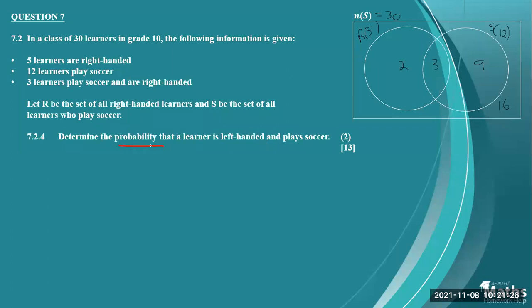So now it's probability, but now the question is not the same as the previous one because they say he's left-handed, but he also plays soccer. So let's first see how many learners play soccer. So let's think it out. Plays soccer would be 12 learners.